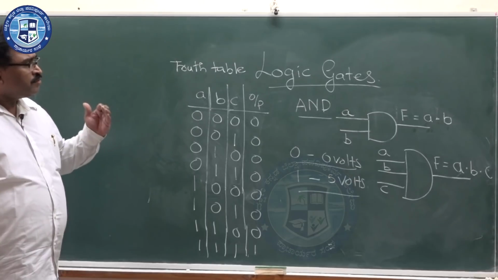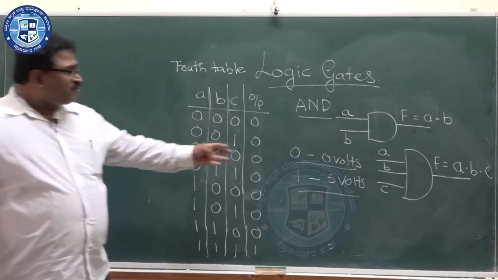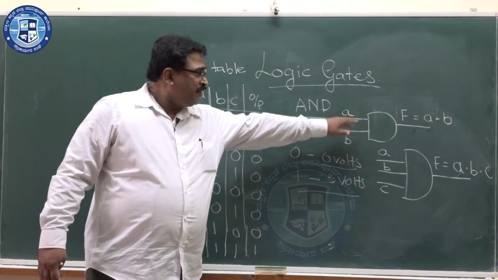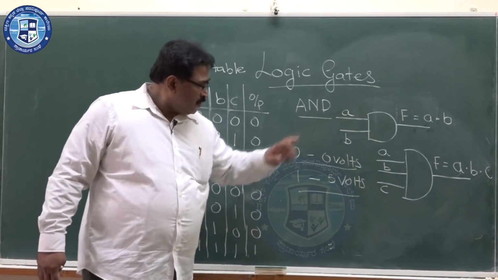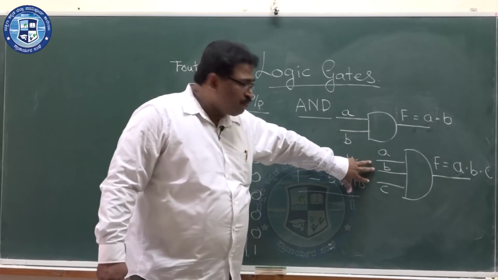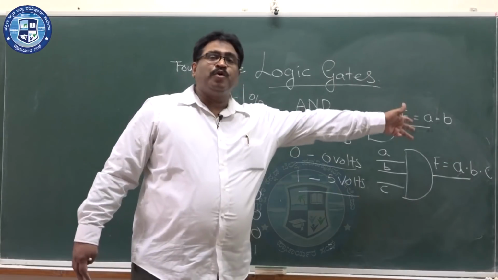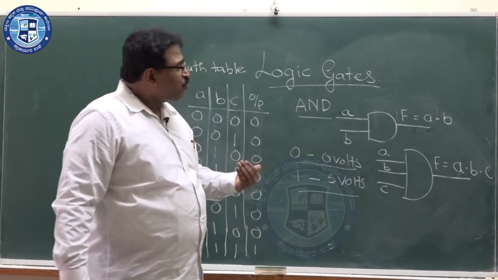So we have seen 2 input AND gates where there are 2 input signals given and a corresponding output. Then we can see 3 inputs where 3 inputs are given and the corresponding output. So what is the output expression?